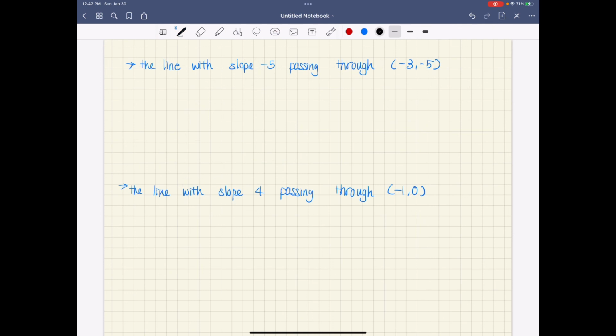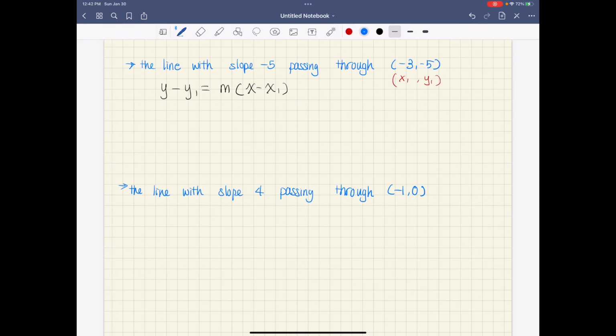Now if you have the line with slope negative 5 passing through negative 3 and negative 5, and you need to write into point slope form, it is y minus y1 is equal to m times x minus x1. Now, slope is given, -5, and the point x1 and y1 is also given.